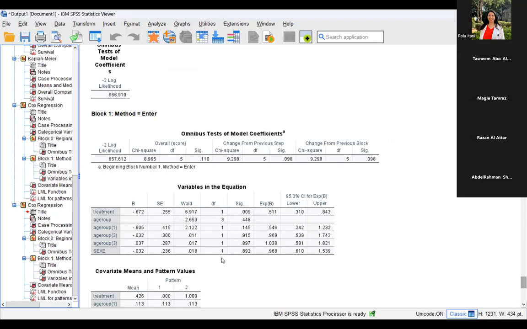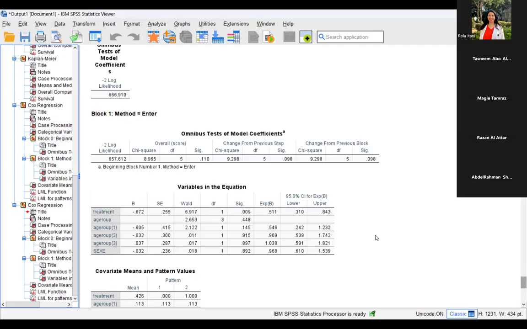In the presence of the other variable, this did not change much. It's still significant, changed slightly. And as a matter of fact, age and gender did not make a difference. And if we take each one alone, they are not statistically significantly associated with relapse, neither age nor gender. Is that clear?